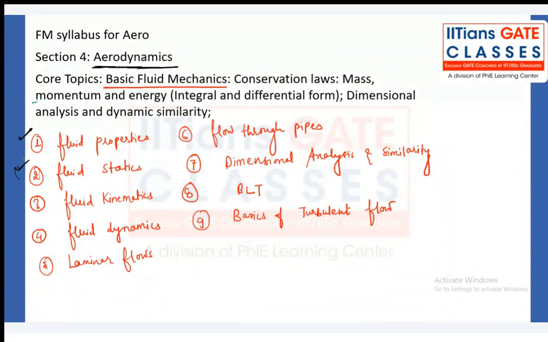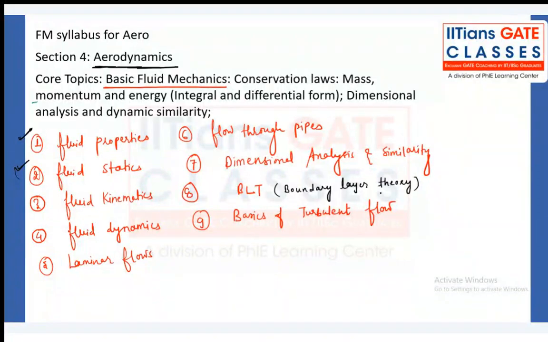Then fluid kinematics, fluid dynamics, basics of laminar flow, flow through pipes, dimensional analysis and similarity, boundary layer theory. What is BLT? Boundary layer theory. Then we are going to cover the basics of turbulent flow, guys.